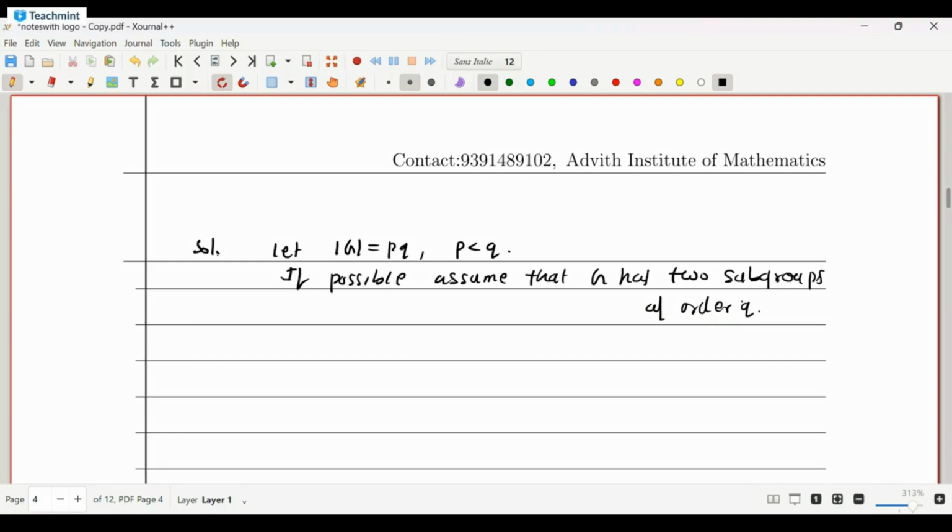Which implies the order of H is greater than the square root of the order of G, and the order of K is also greater than the square root of the order of G. Is it true? Since q is greater than p.